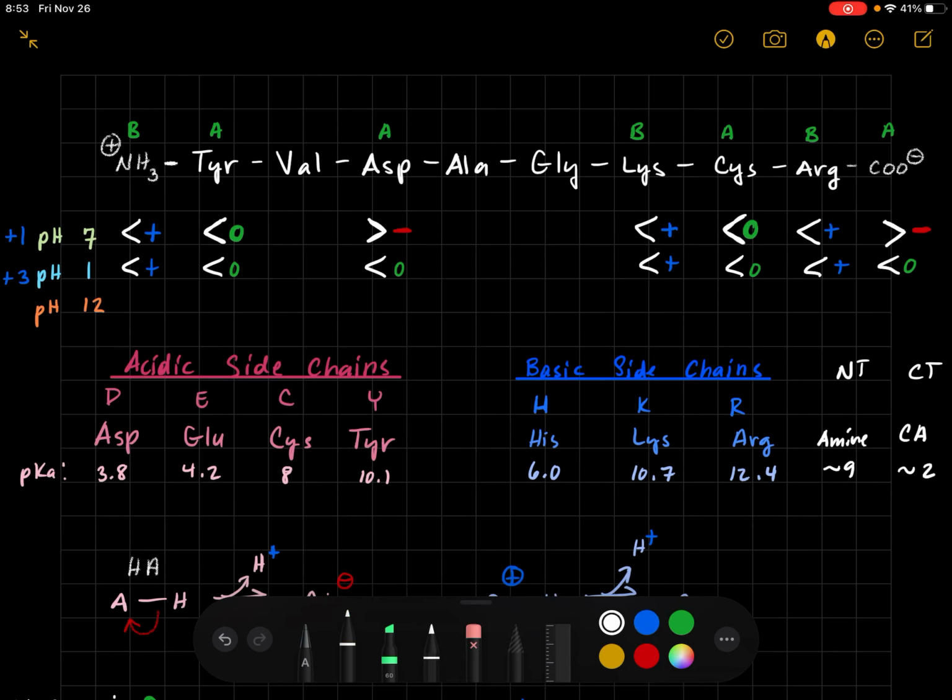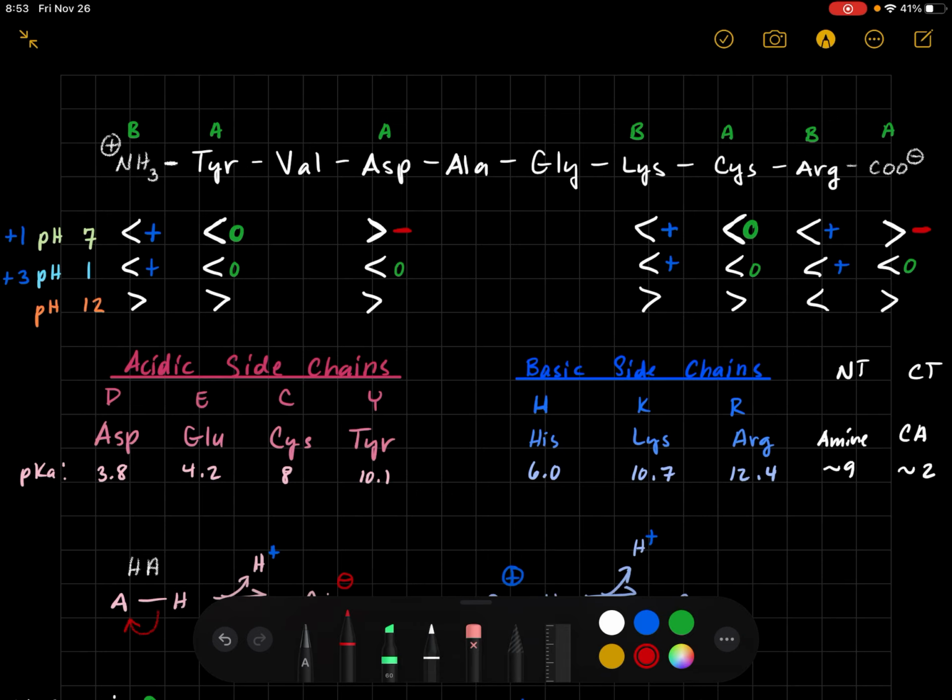But here I can go in and I can say that the pH is greater than the pKa for the N-terminal group, for tyrosine, for aspartate, for lysine, for cysteine, not for arginine, but it is greater for the C-terminal carboxylic acid group.